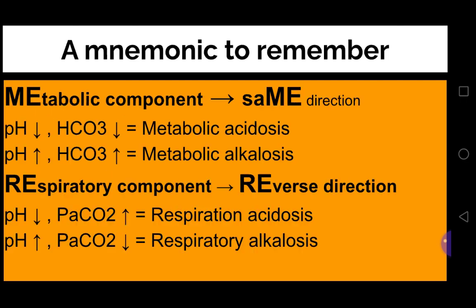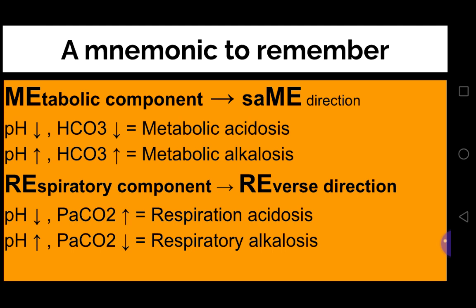To remember the effect of these metabolic and respiratory components on the pH or arterial blood gas results, there is a mnemonic. So metabolic component, remember same direction, because if pH is low and bicarbonate is also low, so both of these are low, then it is metabolic acidosis.